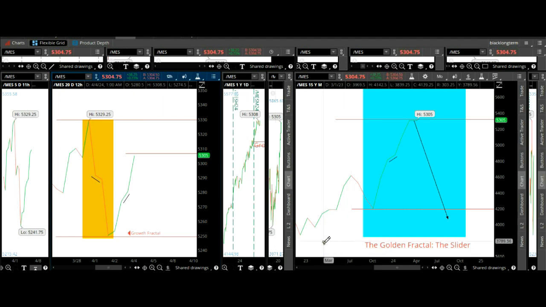Now, the big fractal here, we have a typical slider top. Okay. Now we're talking on a monthly basis. Okay. Now notice the similarity between the decaying fractal here on a monthly time frame and the decaying fractal here that is forming on 5305.